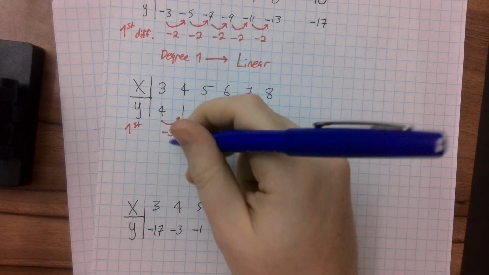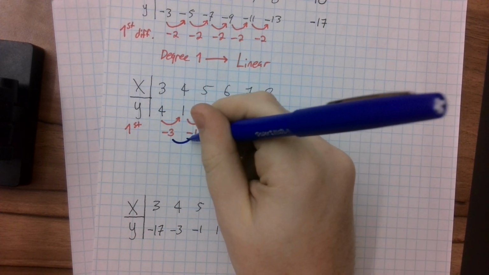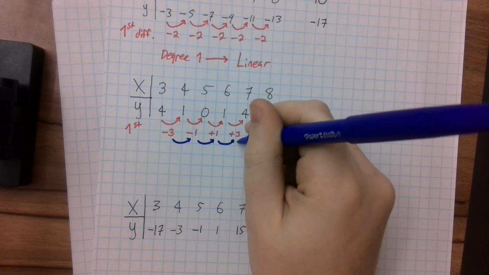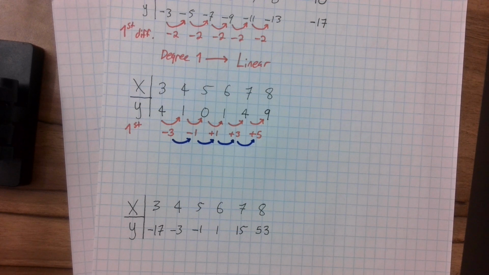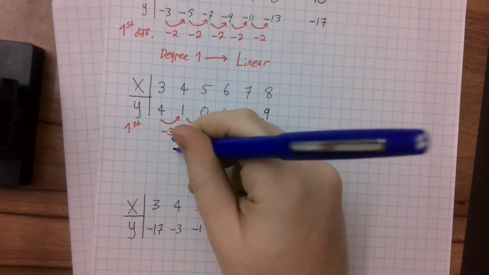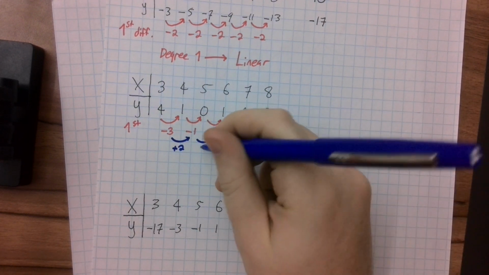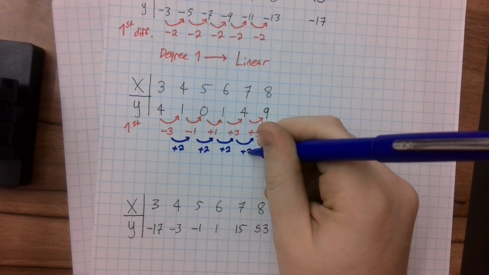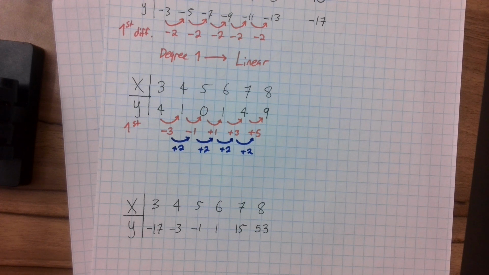But we can find the second differences, the differences between these differences, and see if that is constant. To go from negative 3 to negative 1, I add 2. To go from negative 1 to 1, I add 2. 1 to 3 is adding 2. 3 to 5 is adding 2. It's all 2's.